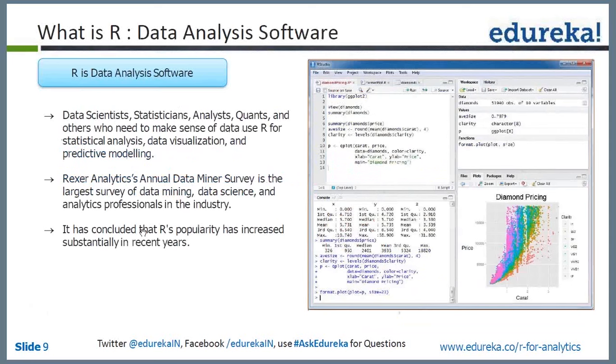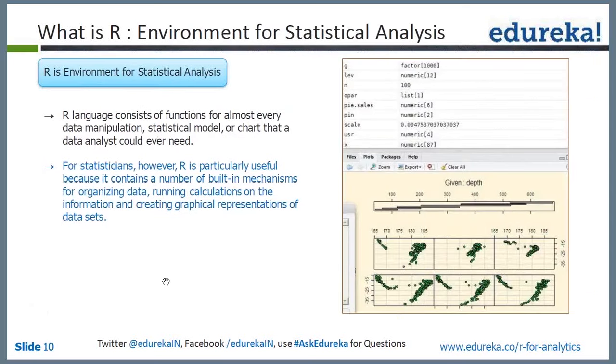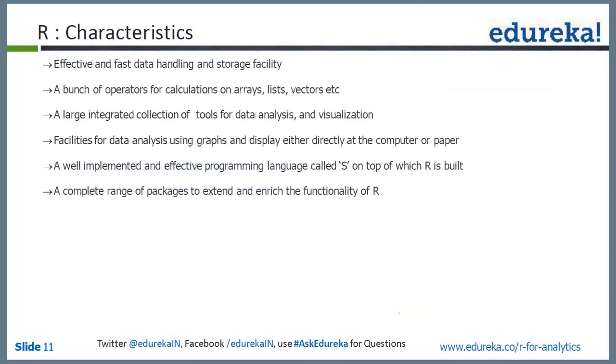Data analysis software popularity has increased substantially in recent years, and R is for statistical analysis. Primarily, it makes things pretty simple for the analysis. Look at the characteristics.